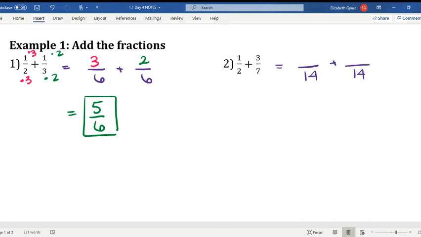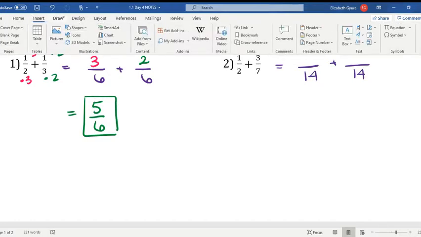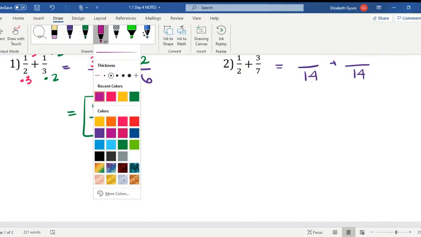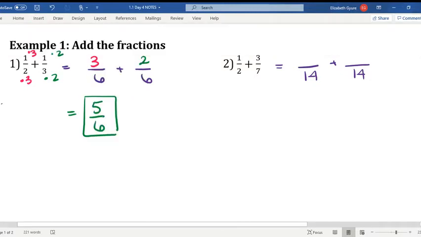And now we got to figure out what we multiplied by. Make sure we multiply the top by the same thing. Alex, what did you multiply 2 by? 7. So what do we have to multiply the top by? 7. And 1 times 7 is 7.